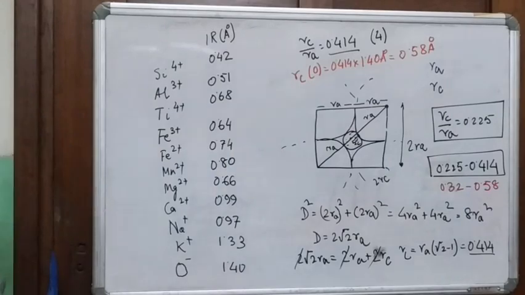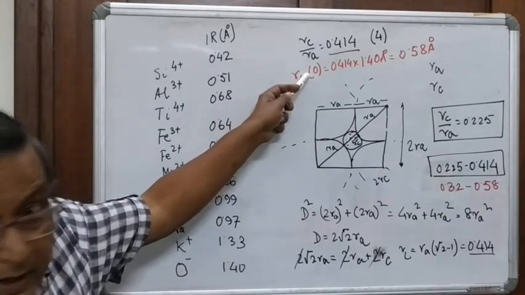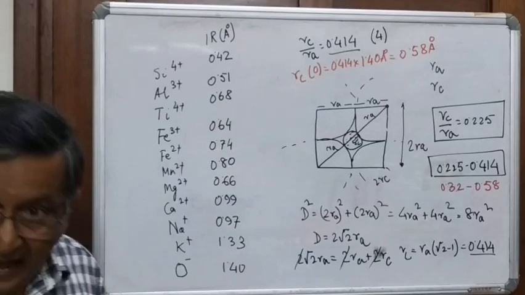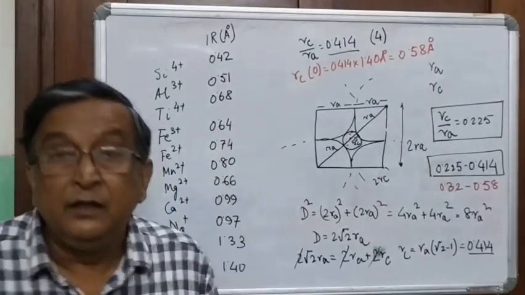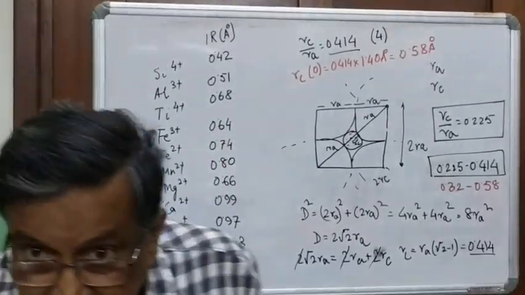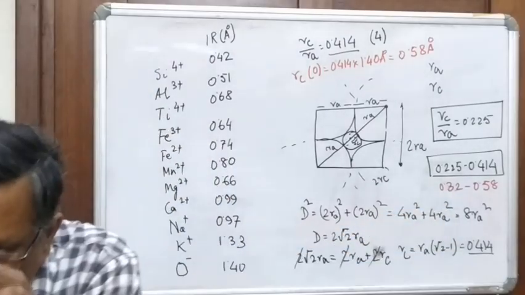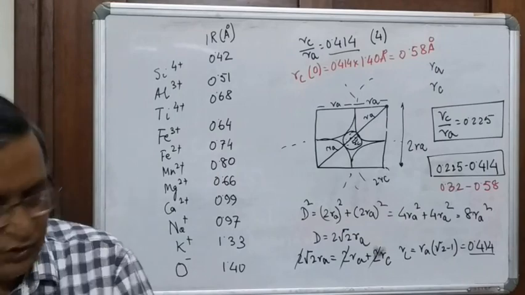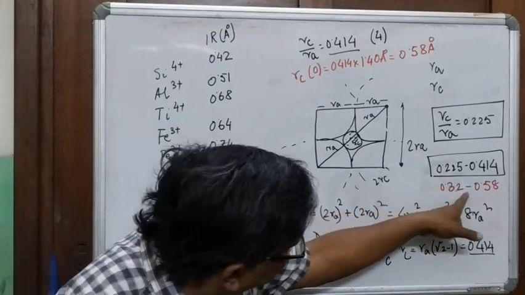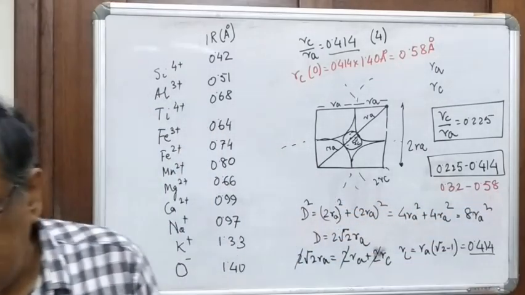If you take oxygen, 1.40, as the coordinating anion, then the ionic radius range will be between 0.32 and 0.58.